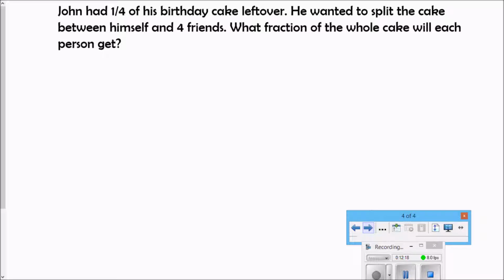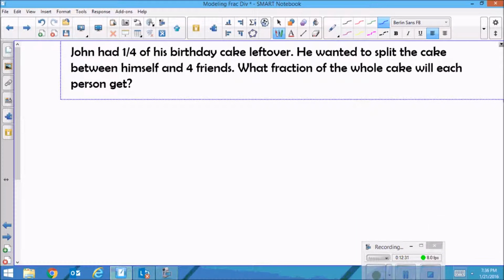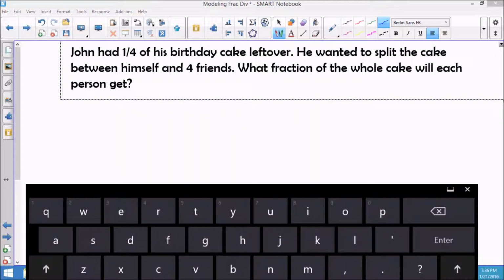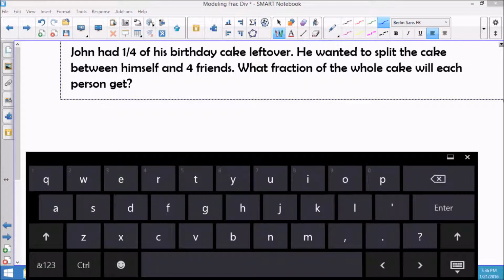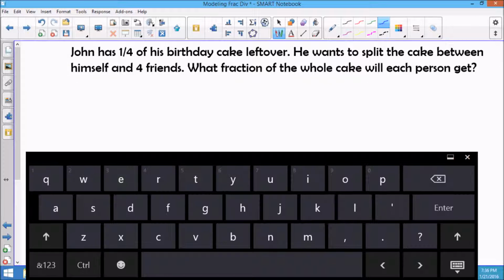The verb tense there doesn't match up as I would like, so I'm going to change this to: John has 1/4 of his birthday cake, and he wants to split the cake between himself and 4 friends. What fraction of the cake will each person get?